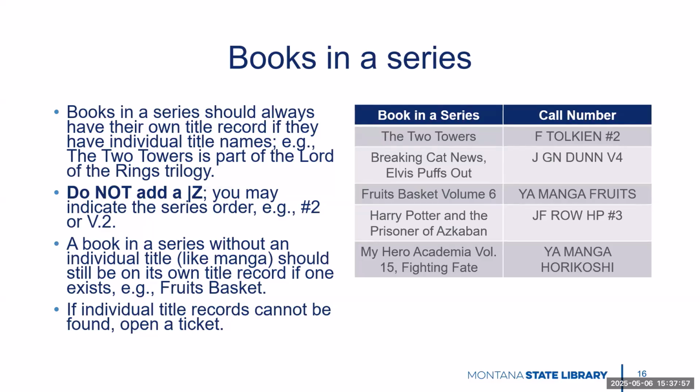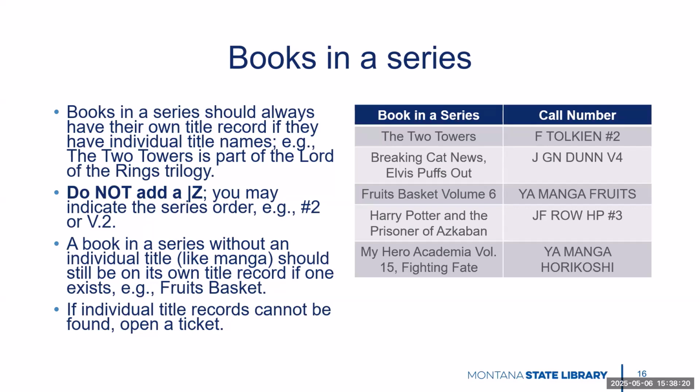So this is kind of where we're finally taking a stand, and we want separate records for each of these. If the only record that exists for a book in a series lists all volumes together on a serial record, let us know. Reach out to us for assistance, and we can help you in finding or creating individual records.